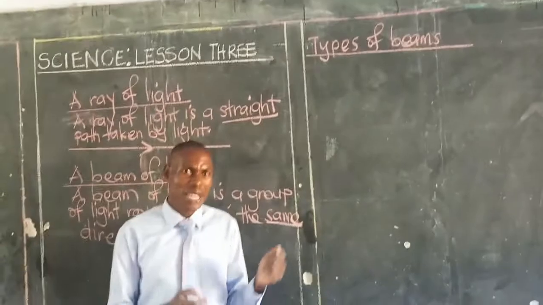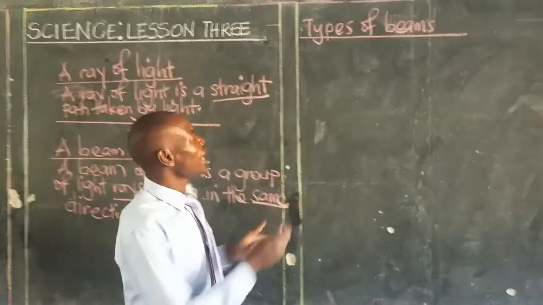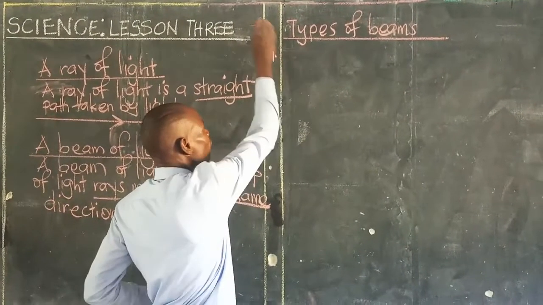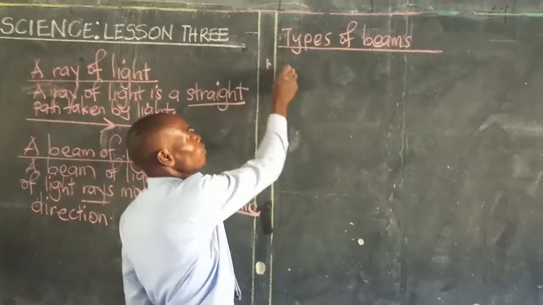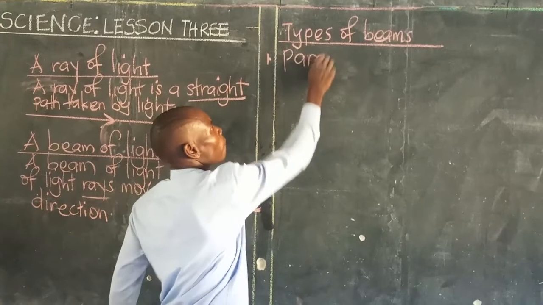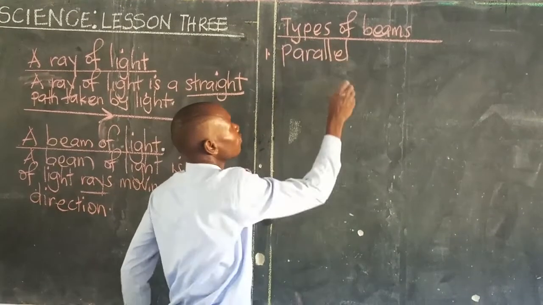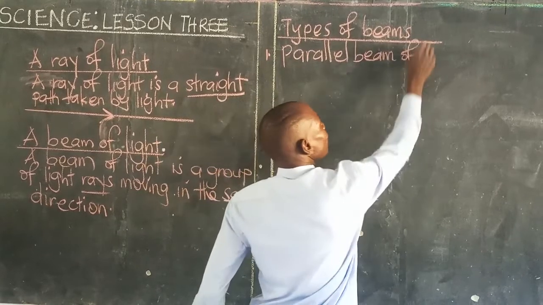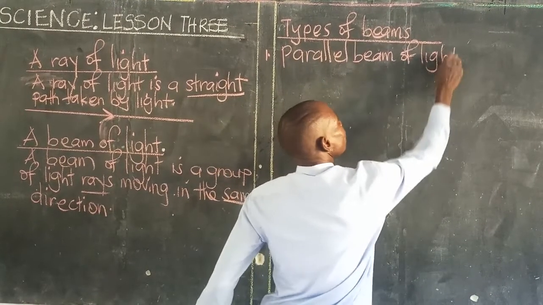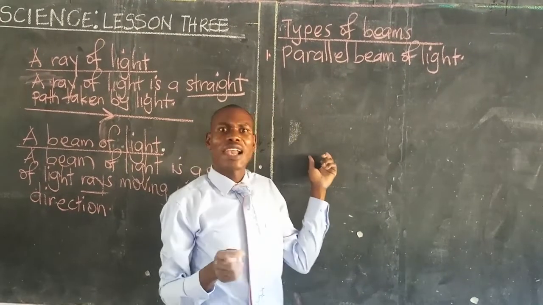And those types of beams include one that we call a parallel beam of light.